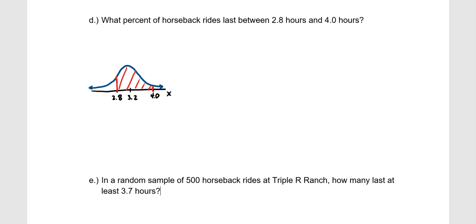So we have to find the z-score for both of these. So z for 2.8 is going to be 2.8 minus the mean divided by the standard deviation, which gives us -1. And then we also have to find it for 4.0. So that's going to be 4 minus 3.2 divided by standard deviation of 0.4. That's going to give us +2.